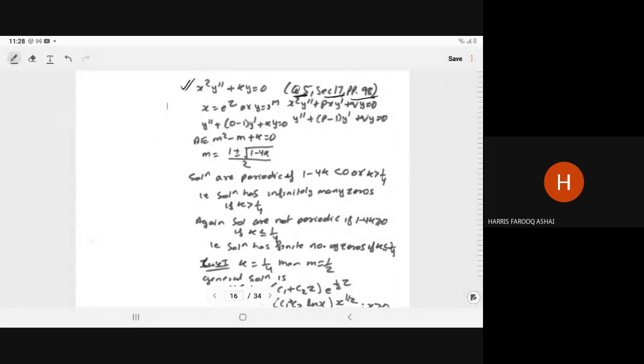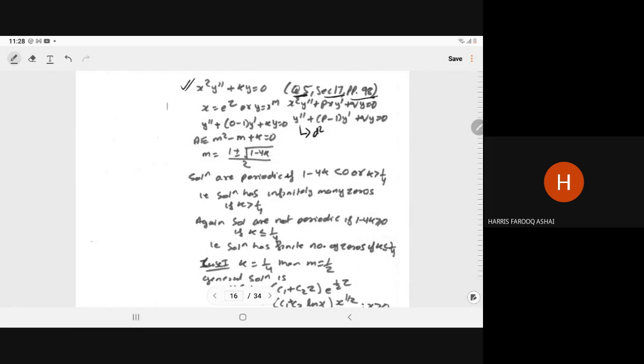Then we convert that equation, the Euler's equidimensional equation, by the substitution x is equal to e to power z and y is equal to x to power m. It means we convert the independent variable from x to z. Then we have the reduced form as a second order differential equation with constant coefficients.